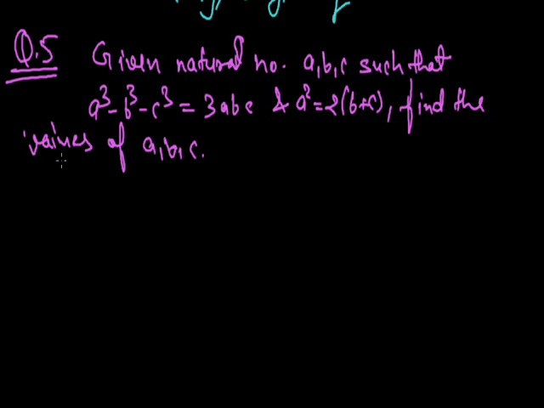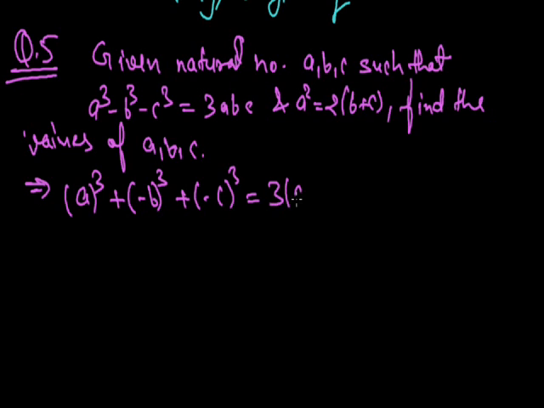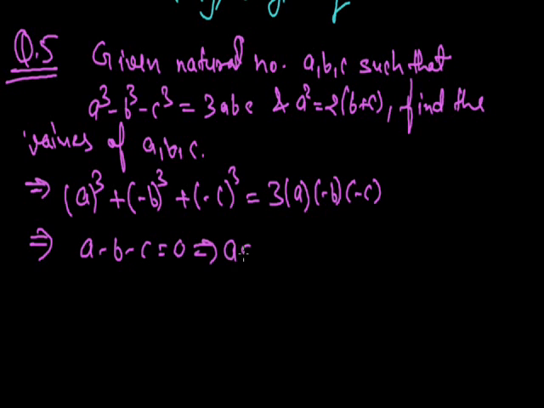To solve the given sum, let us have a cube plus minus b whole cube plus minus c whole cube is equal to 3 into a into minus b into minus c. Now from here we may conclude by the identity that a minus b minus c is equal to 0, or a is equal to b plus c.